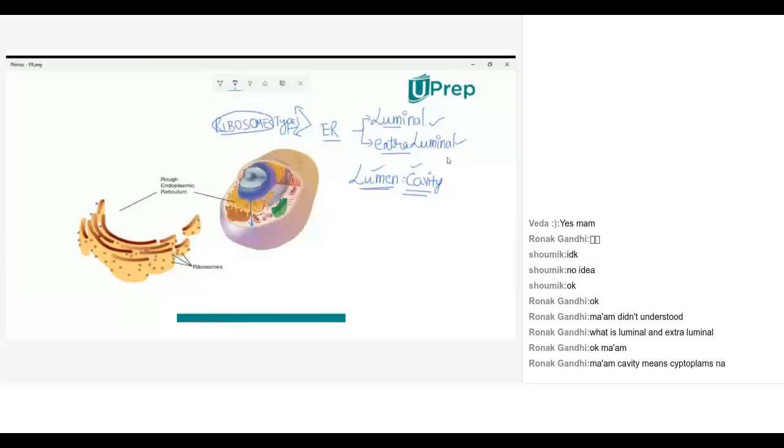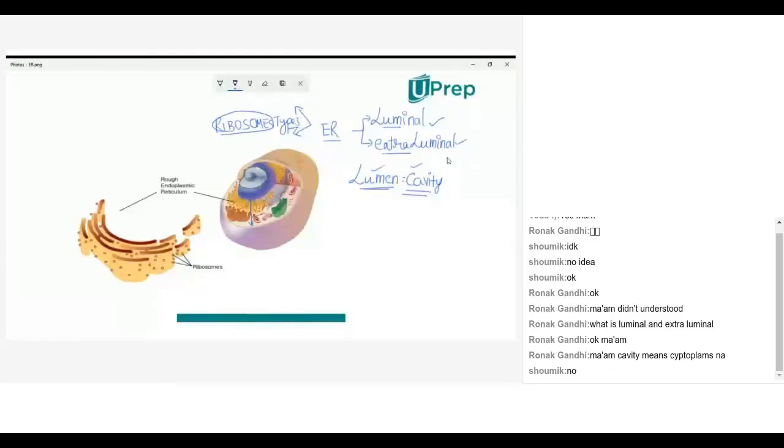That's what we are dividing the cell on: the cytoplasm part inside this network of endoplasmic reticulum is called the luminal part, and the cytoplasm part which is outside the network is extraluminal. The cavity filled with cytoplasm outside the network of endoplasmic reticulum. Cavity is not cytoplasm. Cavity is some kind of gap. That's called lumen in biology.